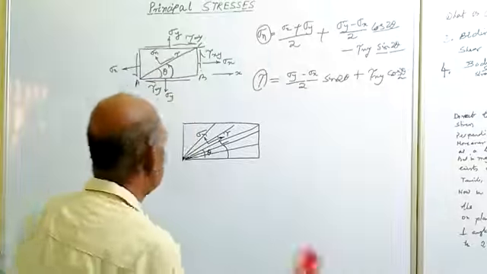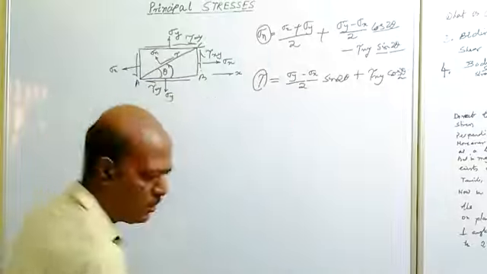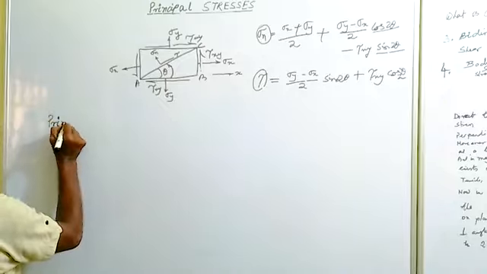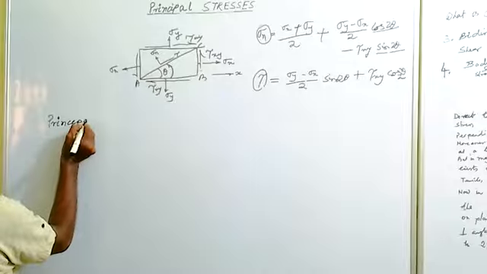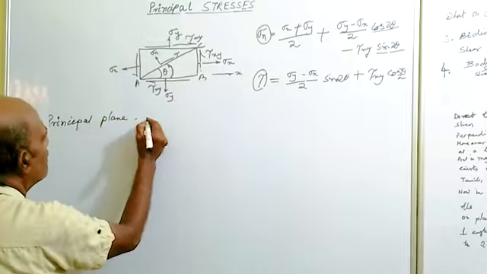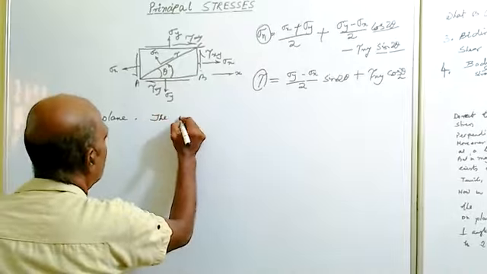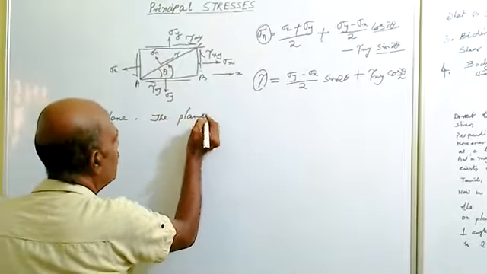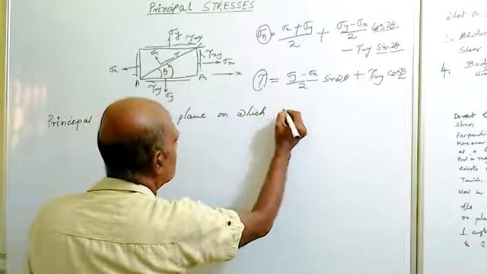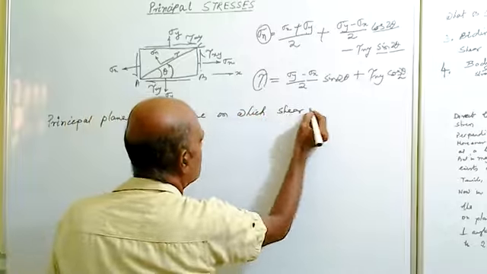Now we will first define what is called the principal plane. Principal plane: the plane on which shear stress is 0.